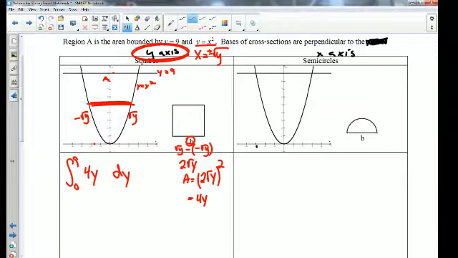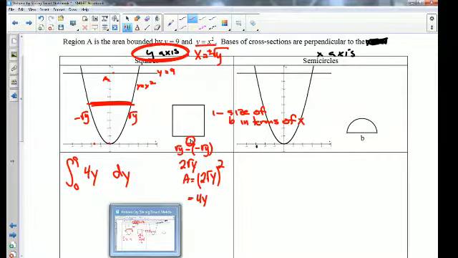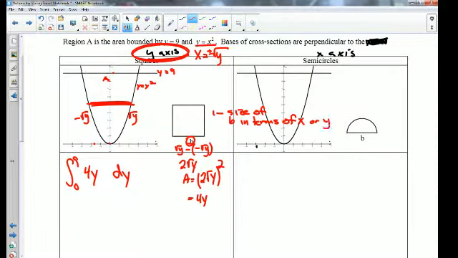So the first thing we do is figure out the size of the base in terms of x or y. We look at where the square is sitting. How big is that in terms of x or y?